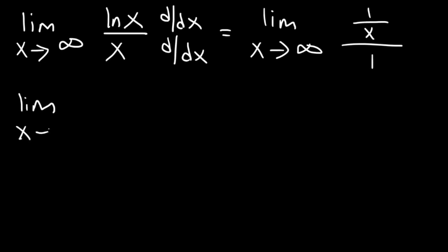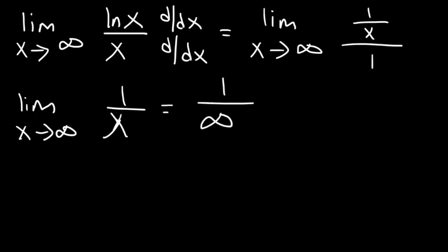So it is limit x tends to infinity 1 by x, which is 1 by infinity, and 1 by infinity is equal to 0. So here I can deal with such difficult questions by using very simple concept of L'Hospital rule. So very complex questions also can be dealt with by using L'Hospital rule.